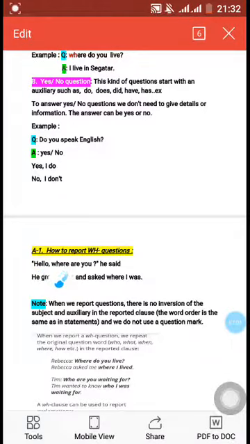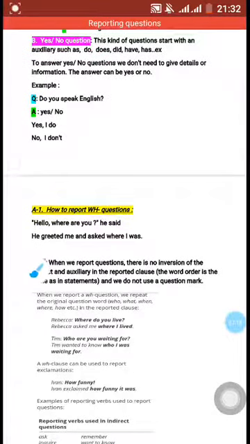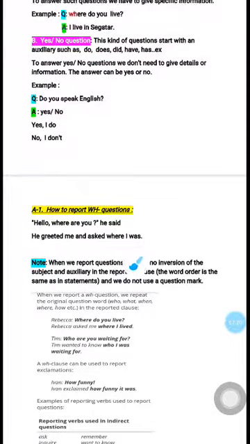Okay. So to report this sentence, we say: he greeted me and asked where I was. Okay. Look. Note. When we report questions, there is no inversion of the subject and auxiliary in the reported clause.